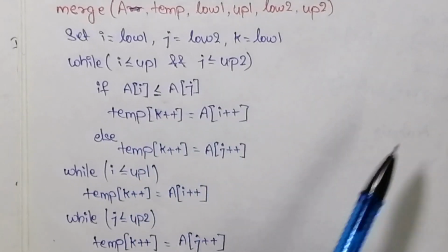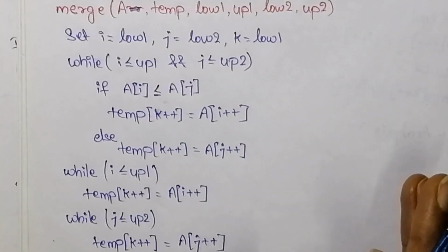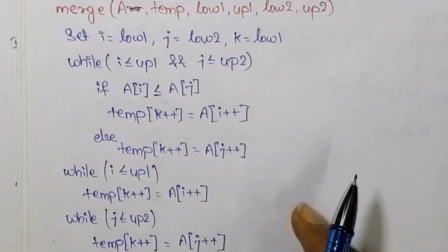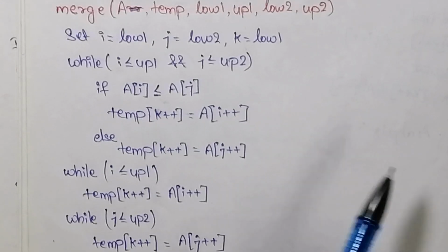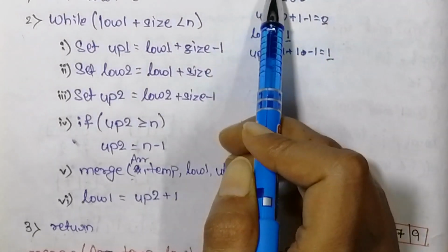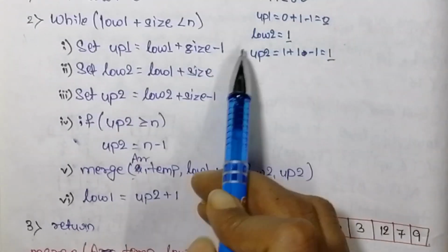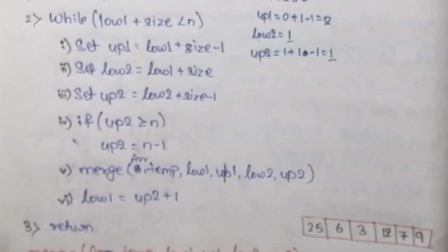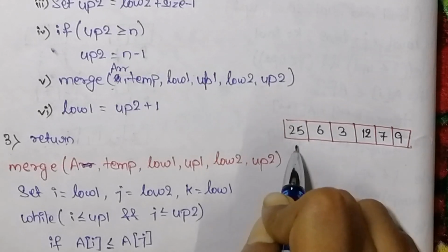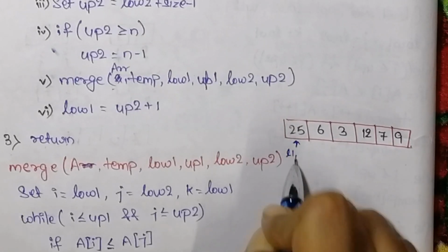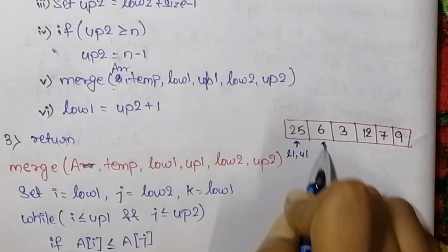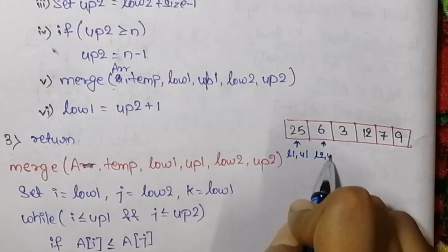Here we are comparing the elements of both the sorted arrays and we are combining them into a single sorted array. Now we have just seen the value of low1 and up1 is 0 and the value of low2 and up2 is 1. That means in this array, this is low1 and up1 and this is low2 and up2.